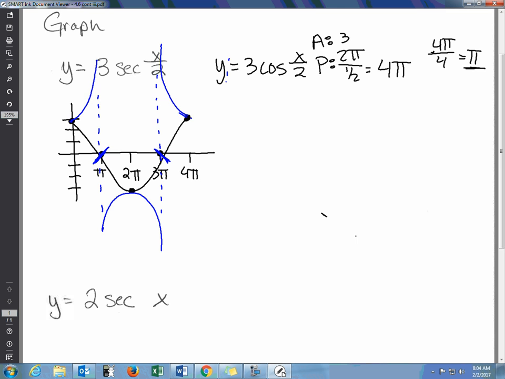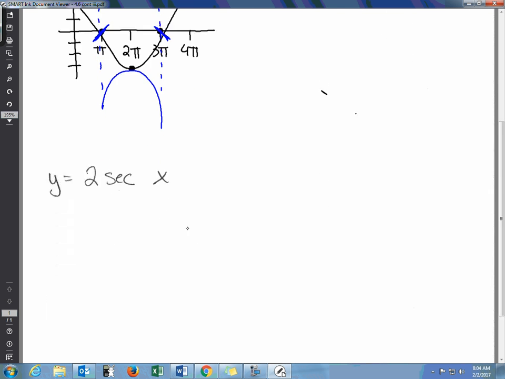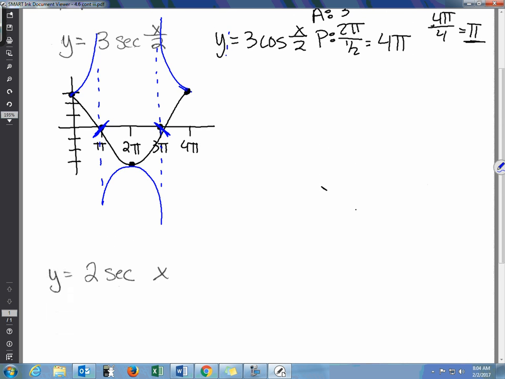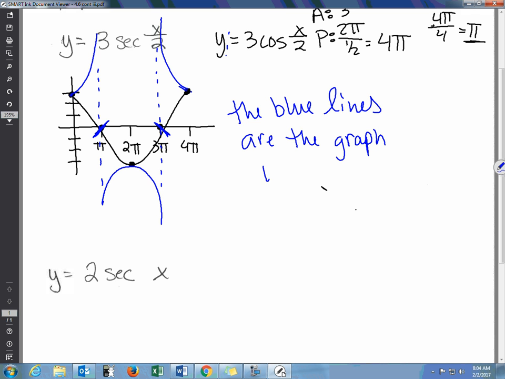So let's review. I'll make this note: the blue line is the graph of y equals 3 secant of x over 2.